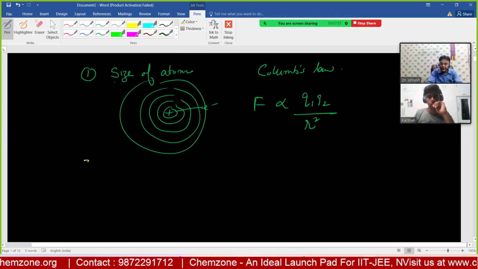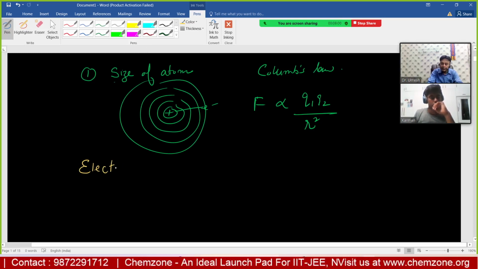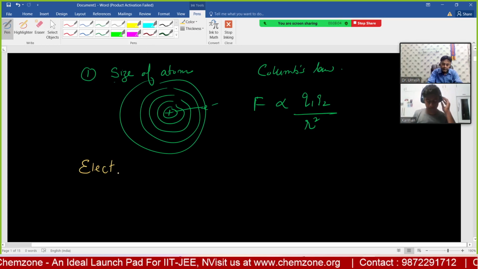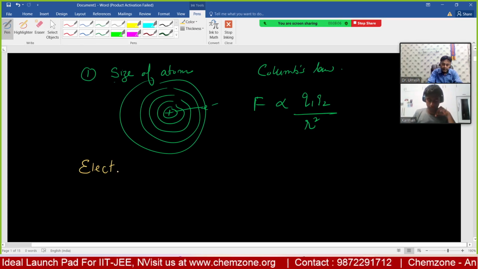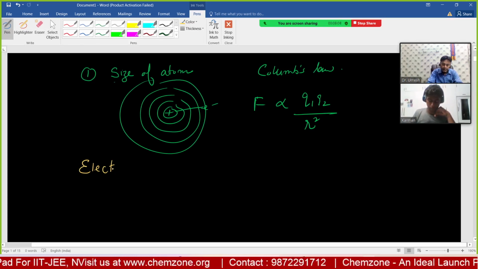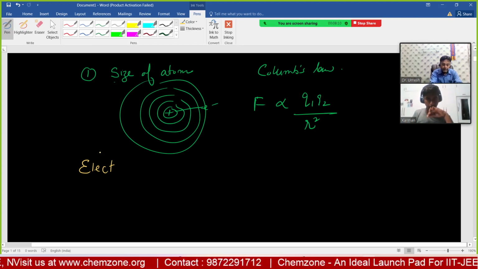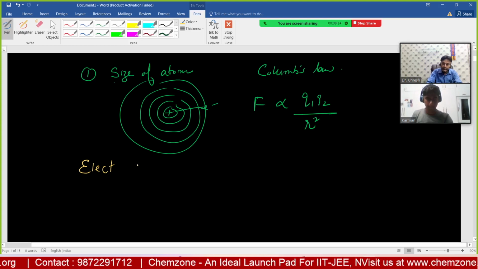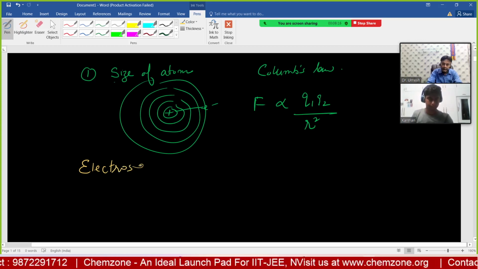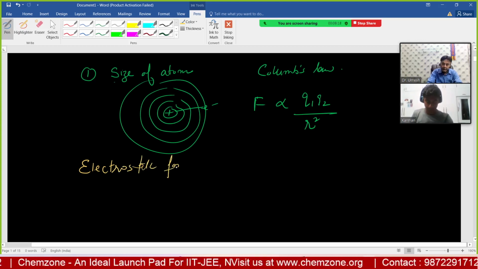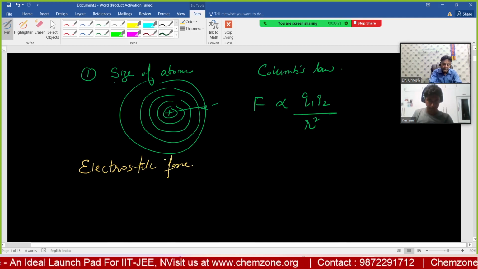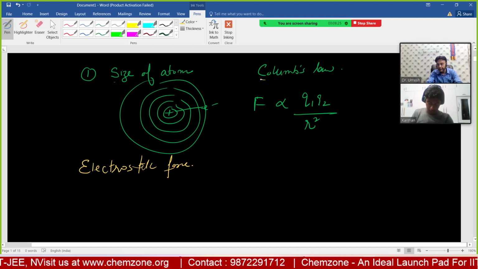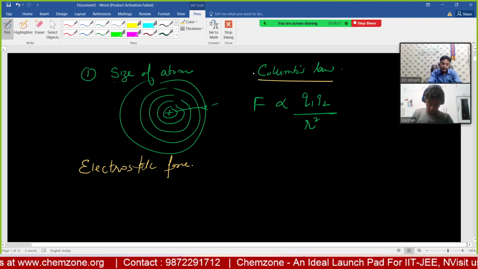This force of attraction is called the electrostatic force of attraction. And this force of attraction is governed by a law known as Coulomb's law.